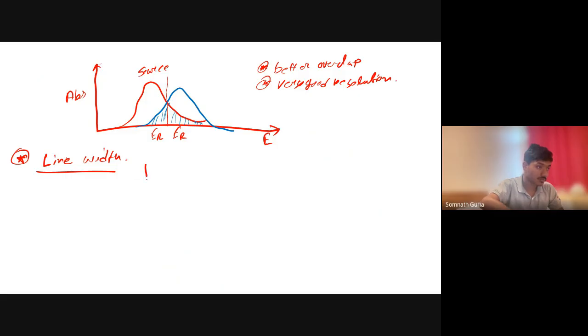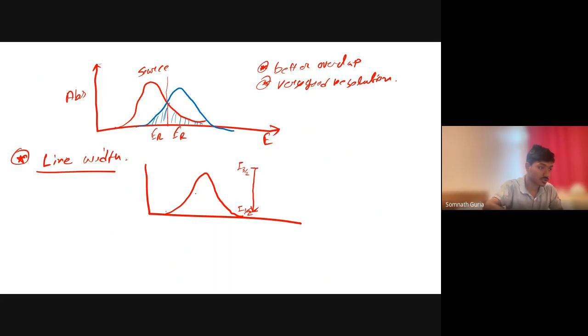We have a picture over here. Here is I equals 3/2, I equals 1/2, and we have this transition over here. And here comes the Heisenberg uncertainty principle.